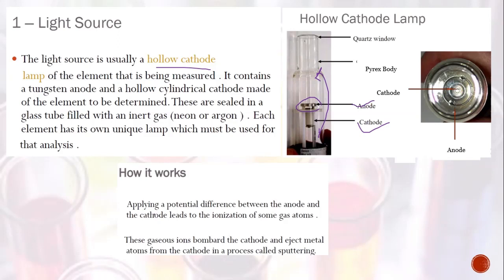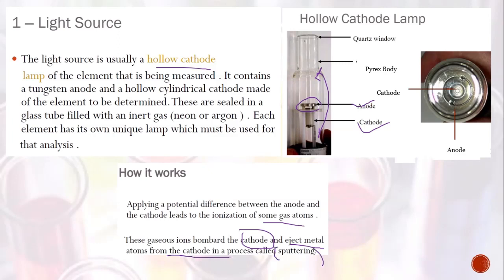It works by applying a potential difference between the anode and the cathode, so that ionization of the gas atoms occurs. Once the gaseous ions are formed, they bombard the cathode and eject metal atoms from the cathode in a process called sputtering.